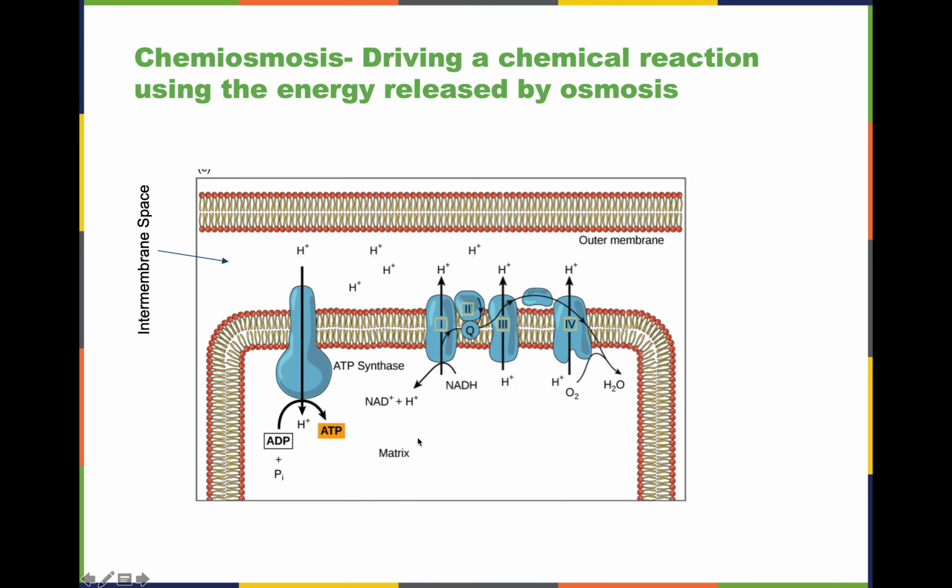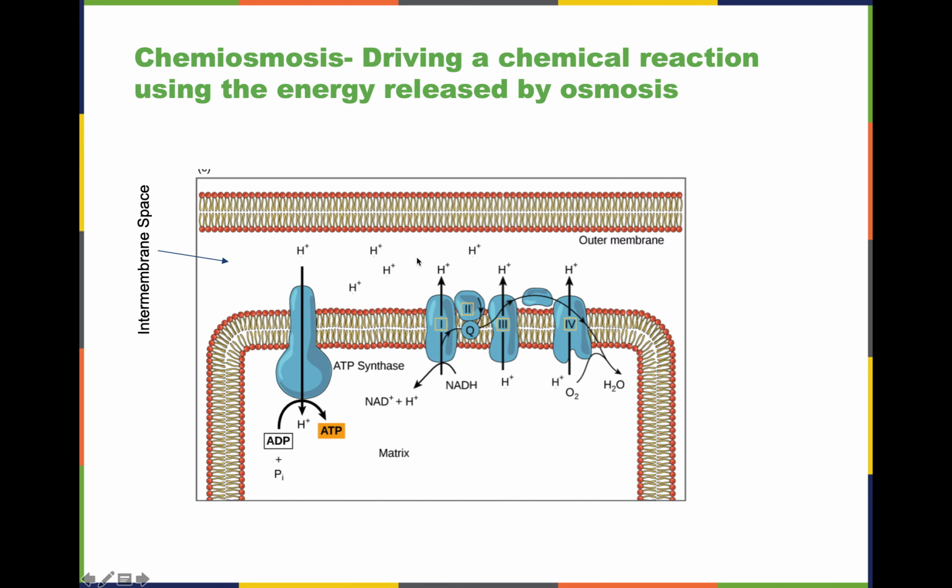So again, when these electron carriers deliver their electrons to the electron transport chain, the electrons pass through this chain and allow these molecules to go to a high energy state, then go to a low energy state that releases energy. As a result, these molecules can pump hydrogen ions against their concentration gradient. If you remember, that's active transport. So now you have a buildup of hydrogen ions in here.